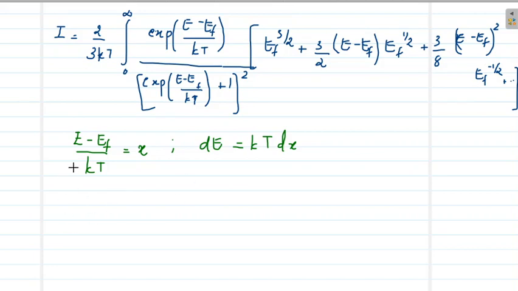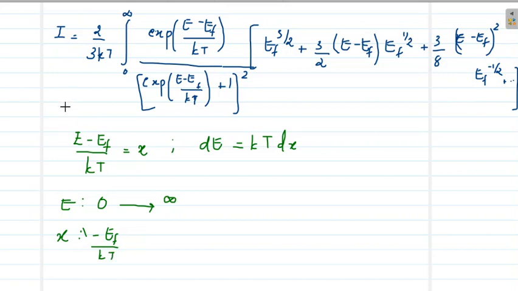So while doing this substitution, we also have to change the limits. When E is varying from 0 to infinity, what will be the variation of x? When E is 0, x is minus EF by kT, right?